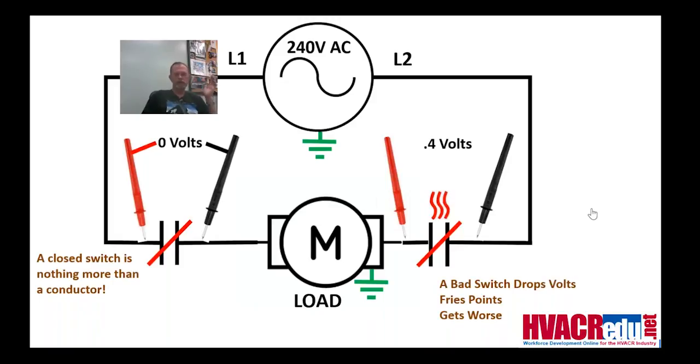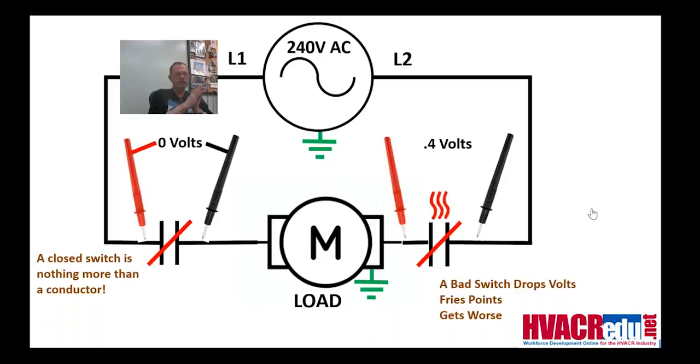When we're talking about line voltage, 120, 240, 440, whatever, if your contacts start to develop a problem, as soon as you file them, you've interrupted the match that has developed over the period of time that the contacts have been switching on and off. When you interrupt the match, the switch points are just going to fry quicker.